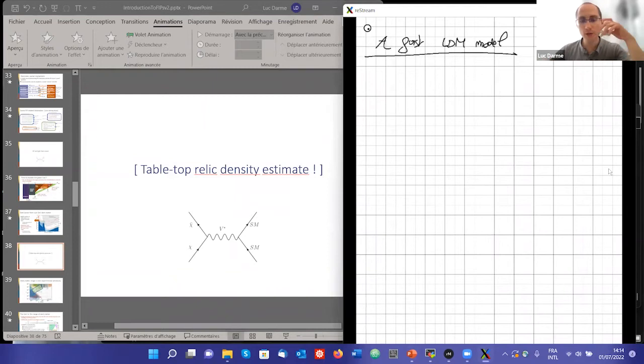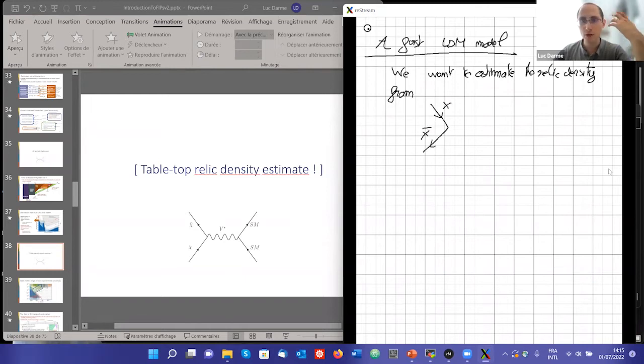So the plan is to look for your very first light dark matter model. We want to estimate the relic density, which would come from the thermal freeze-out of these relics, from something like the diagram I showed you before, meaning that you have one chi, a chi bar.